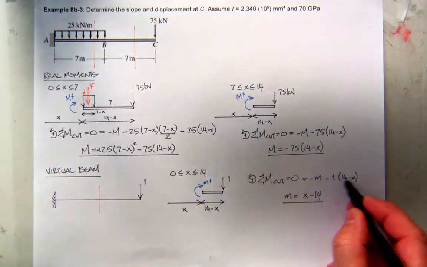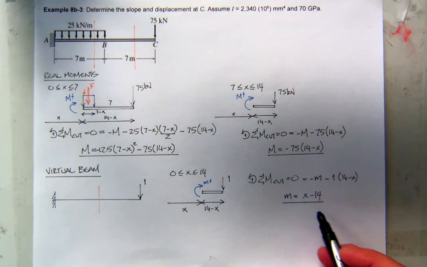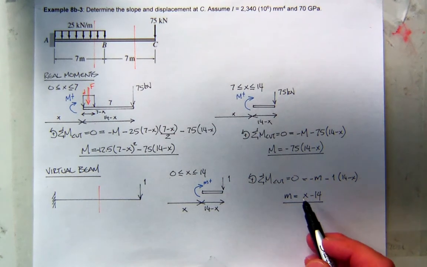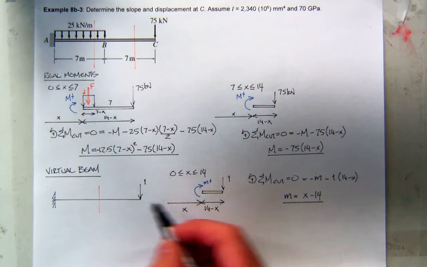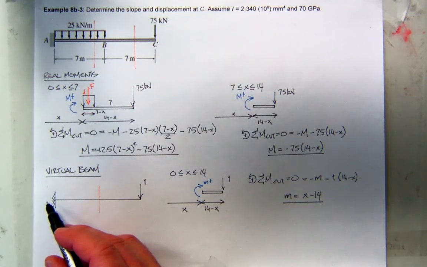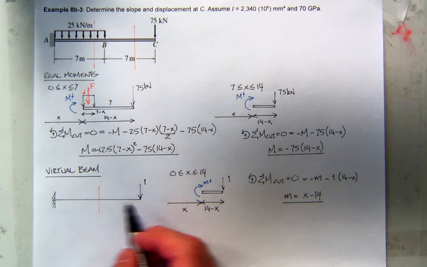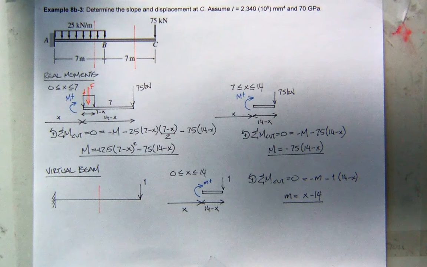I just ran the minus sign through. And can I check that? What's the moment at the free end? 0. That's at x equal 14. You put x equal 14 in. What do you think the moment is at 0? It would just be force times distance, which is 14. Of course, you put in 0 there, you get 14. That's right. That works.